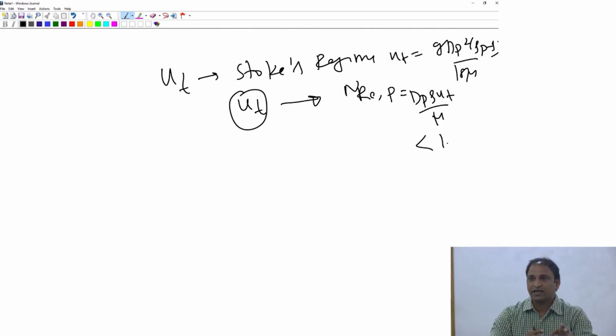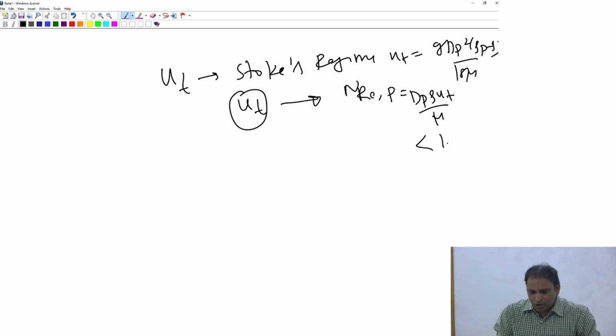The guesswork is you assume the Stokes regime, calculate UT, back calculate your Reynolds number, and see whether it's less than 1. If that's not the case, then you go back, assume the Newton's regime, and again calculate UT and the Reynolds number.